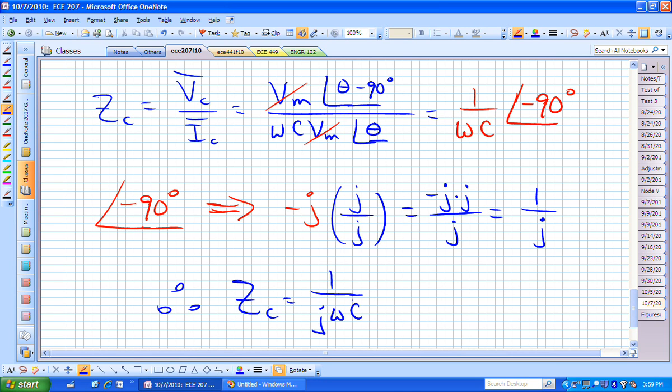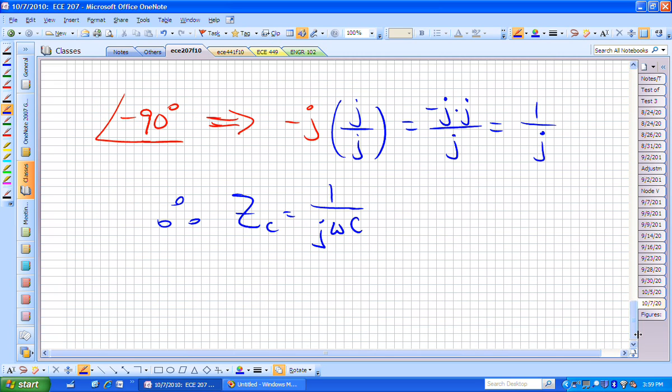Is that making any sense? So we now have our capacitor impedance available.